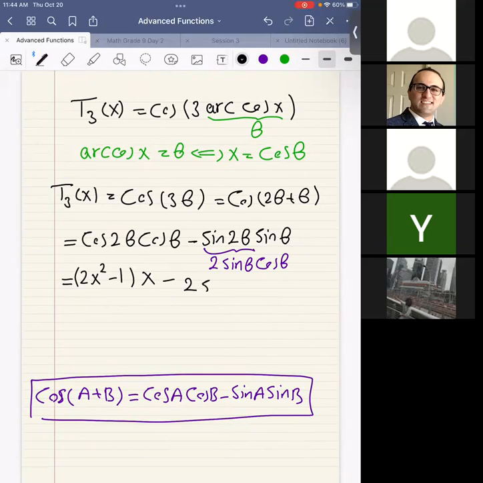So it's 2 times sine squared theta cosine theta. Because sine 2 theta is 2 times sine theta cosine theta, right? And again, you can say that sine squared is 1 minus cosine squared of theta.